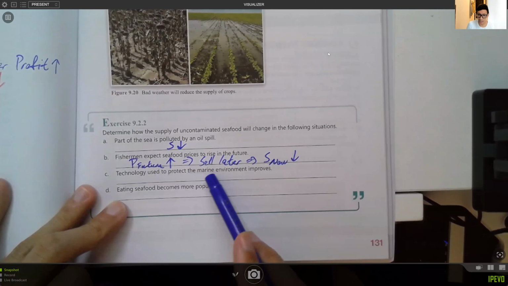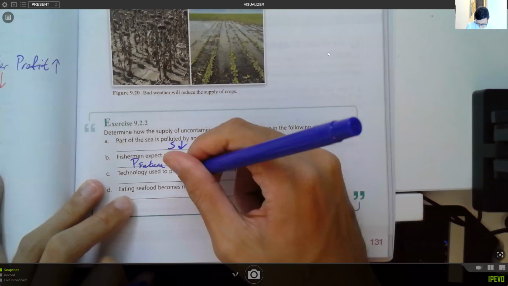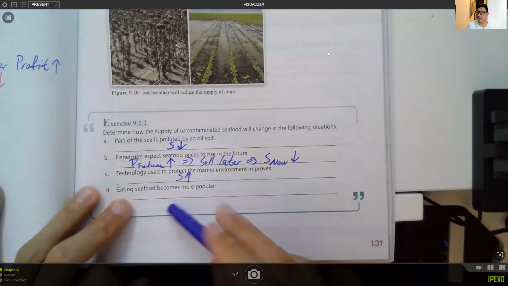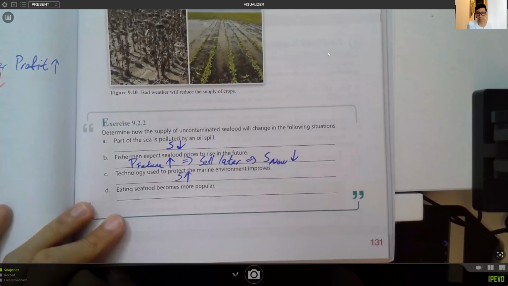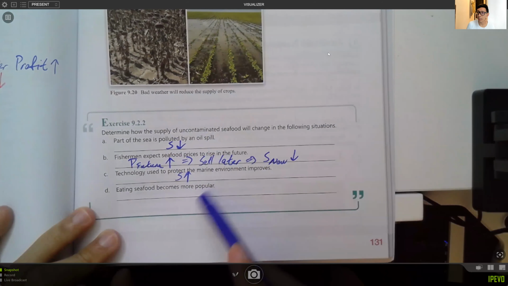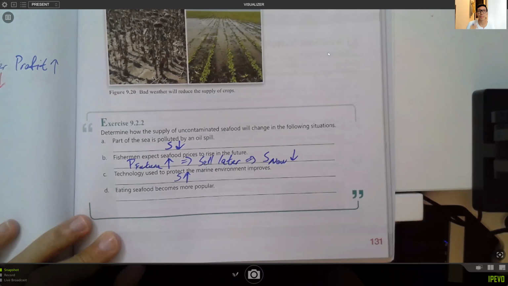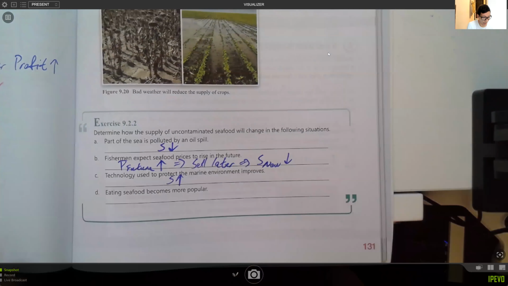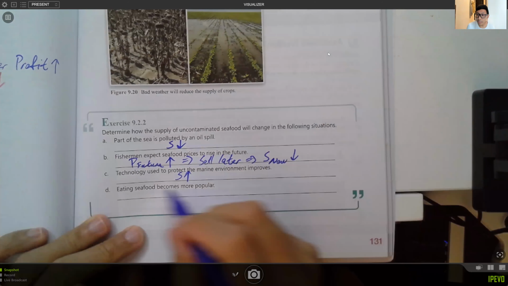Technology used to protect the marine environment improves, right? Then supply increase，係咪容易咗啊？It is easier to make uncontaminated seafood, right? 好啦，finally. Eating seafood become more popular. 嗱呢個你未做到住㗎，because we have not talked about changing demand and changing supply. But for our purpose，記住啦，becomes more popular.